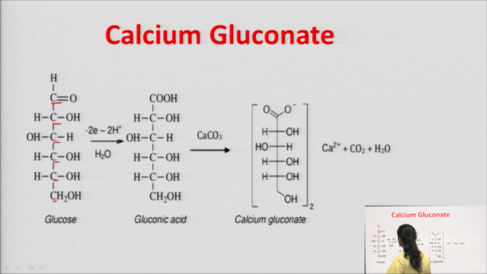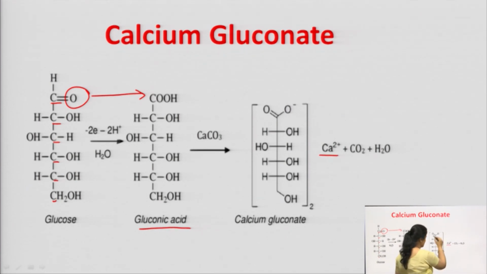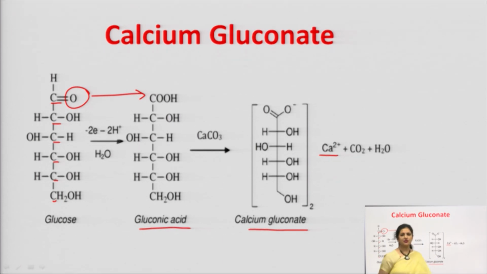When this glucose is converted into gluconic acid, oxidation takes place. So, this forms gluconic acid. Since it is an acid, when it is reacted with calcium carbonate, it gives the calcium salt. Calcium is divalent and so is the gluconate ion. So, this is calcium gluconate. You can have a look at the reaction.